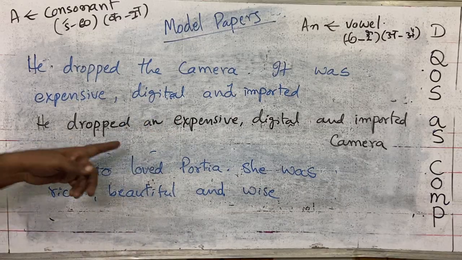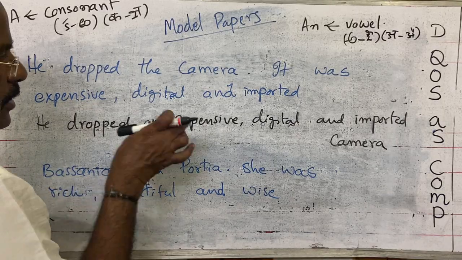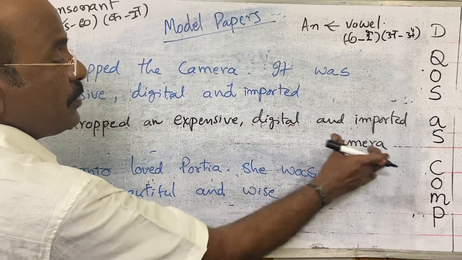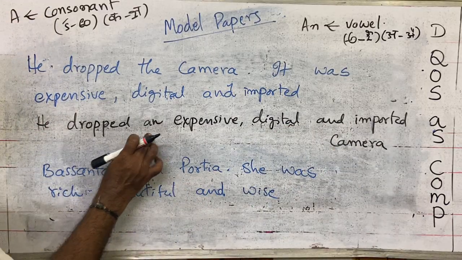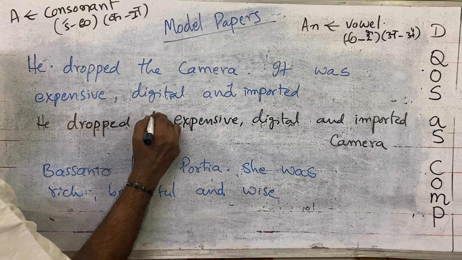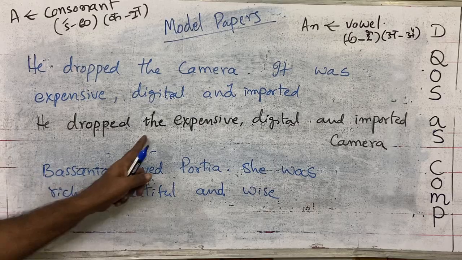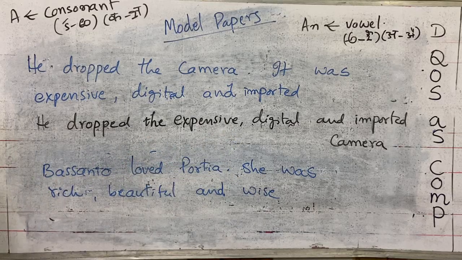He dropped an expensive, digital, and imported camera. One more sense is there, because it is telling it is expensive, digital, imported, this many qualities are there, and particularly talking about it. So here you can take the also. The is more suitable, and also you can use the, it is also correct.